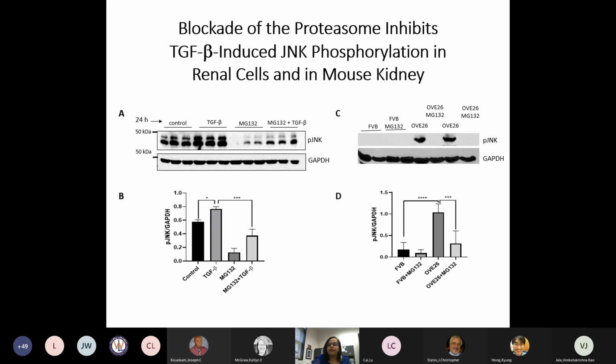Similar results were obtained in OVE26 mice that were treated with MG132. So the JNK MAP kinase pathway was activated in OVE26 mice, which was blocked by treatment with MG132. These results suggest that JNK MAP kinase is activated downstream of proteasome activity.